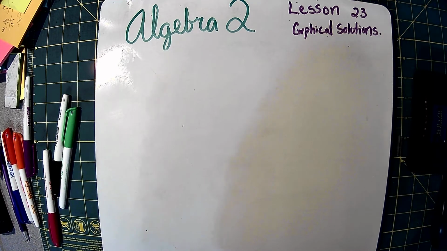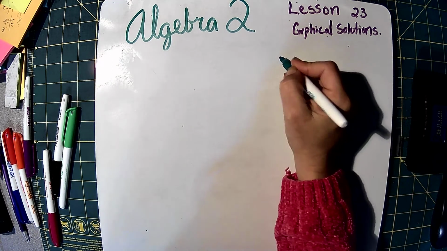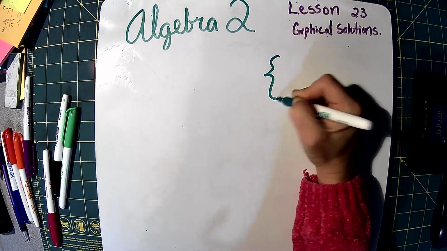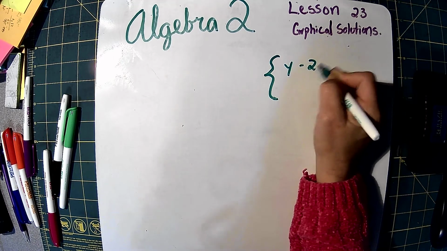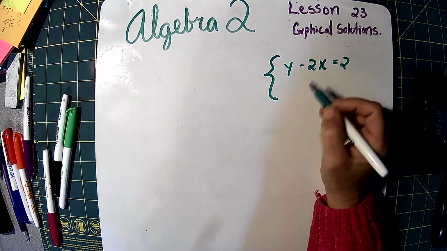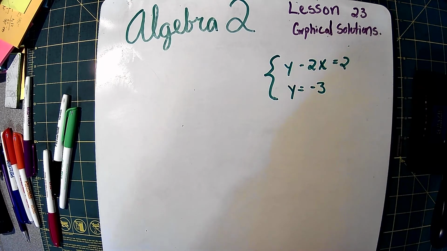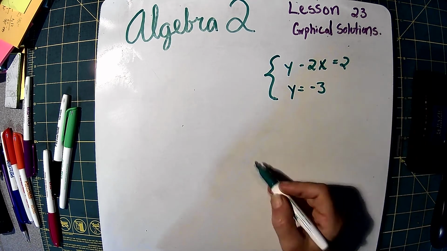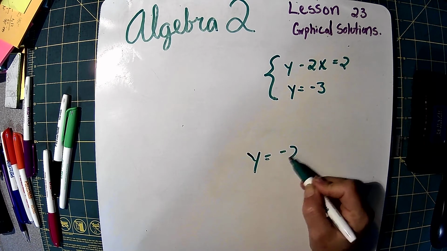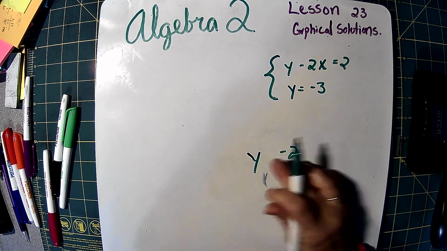So this one says, solve this system by graphing. Check the solution by using either substitution or elimination. And it's got a system of equations with y minus 2x equals 2 and y equals negative 3. Okay, so I am going to rearrange this one.